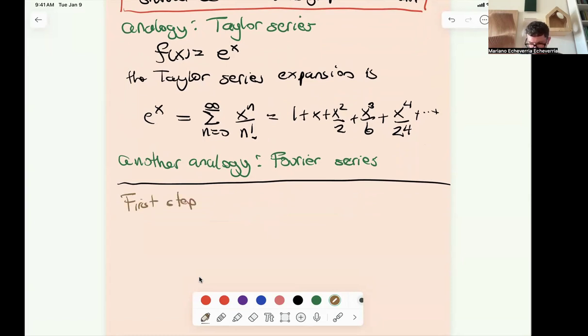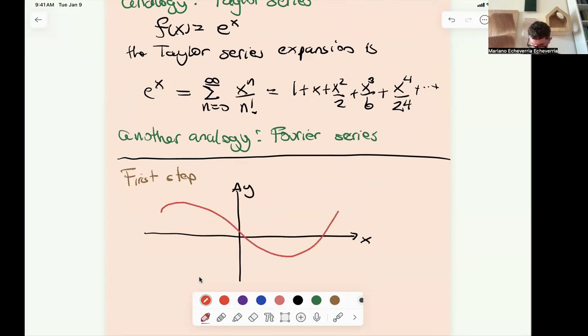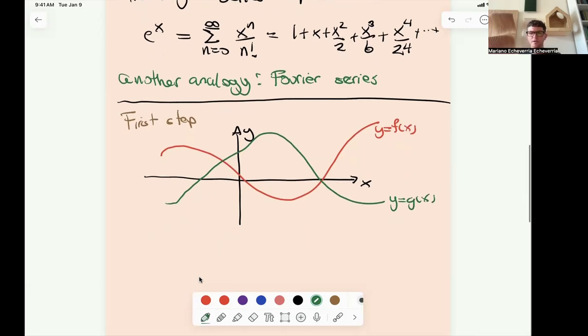So let me draw two graphs. The first question is: how can you measure how close these two graphs are to one another?